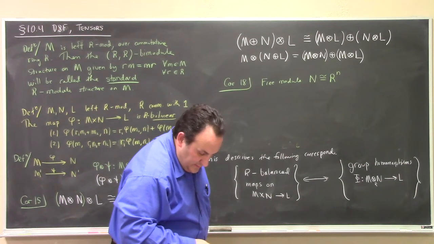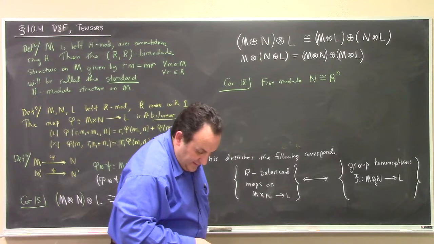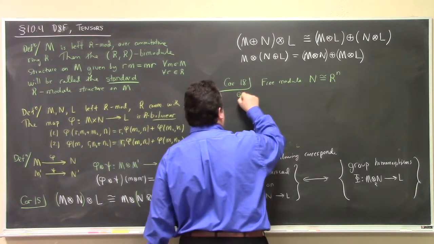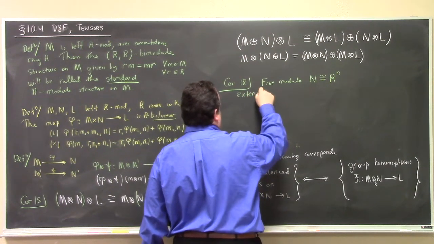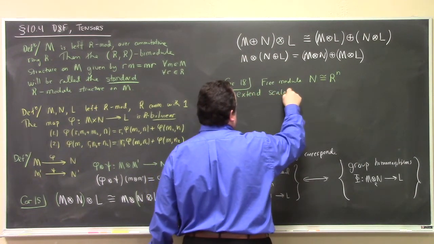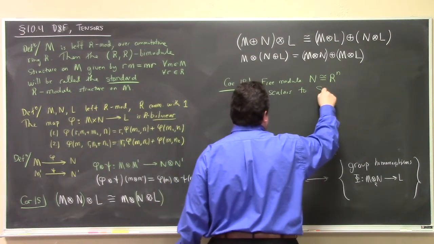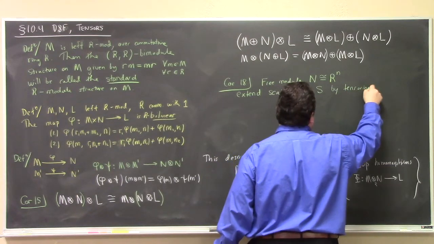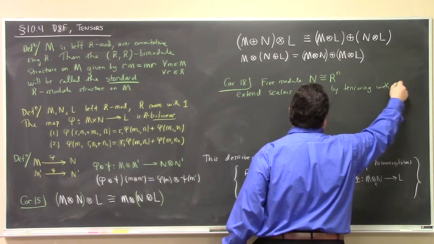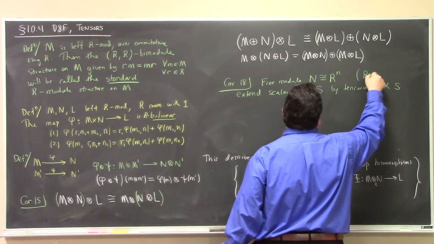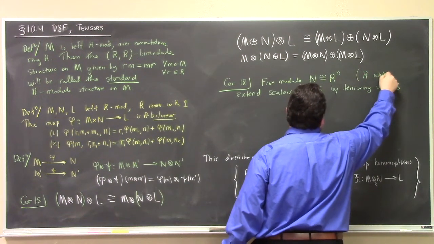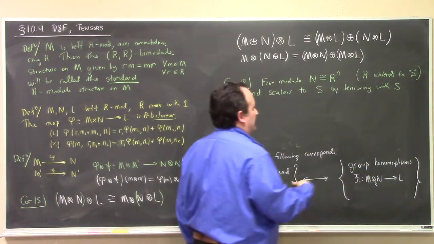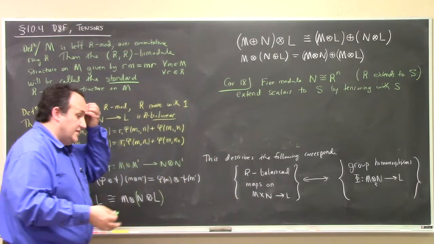So if we look at extending the scalars, basically this is the idea. You can extend scalars to S by tensoring with S. Now here I'm assuming that R extends to S, and that's defined in a more technical sense in this section actually.